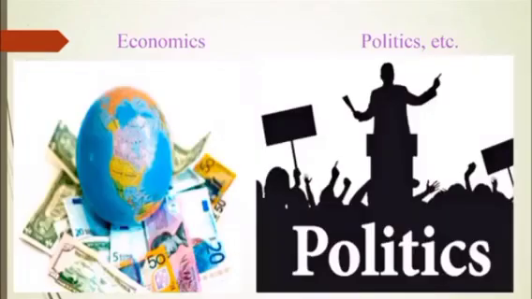Economics, politics, etc. Here economics means the branch of knowledge concerned with the production, consumption and transfer of wealth. Politics means the activities associated with the governance of a country or area. In other words, government or local government. So here we can see the picture of economics and politics.